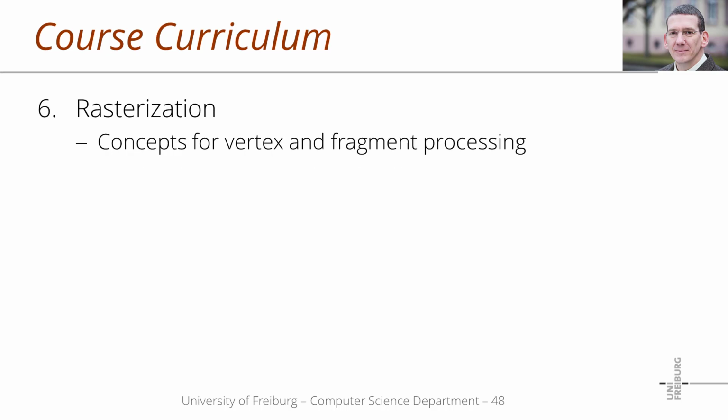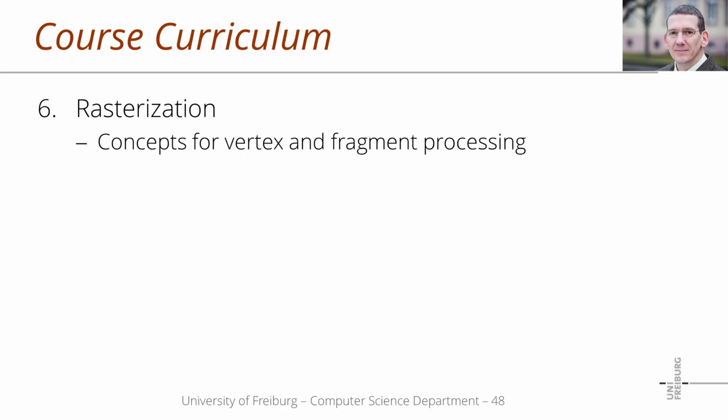The next topic is rasterization, where we talk about concepts for vertex and fragment processing. So let's assume you would like to render a triangle. Here the three corner points are referred to as vertices, and if the triangle is projected onto the image or sensor plane, then for each pixel position that is covered by the projected triangle, a fragment is generated.